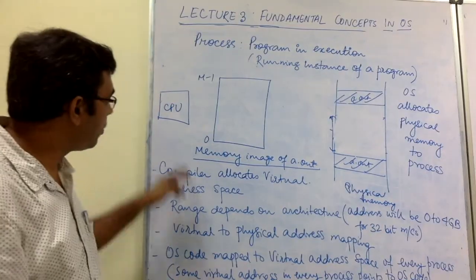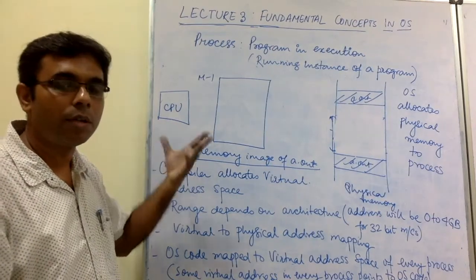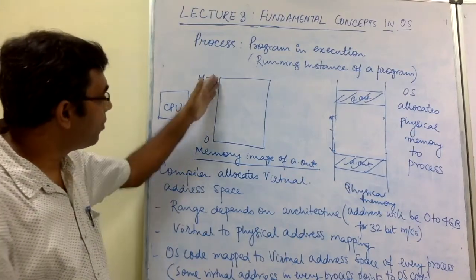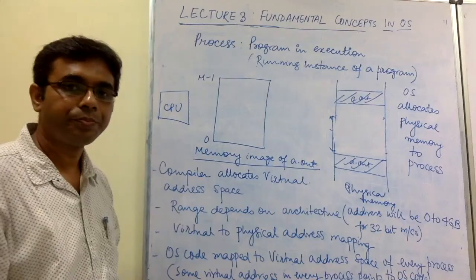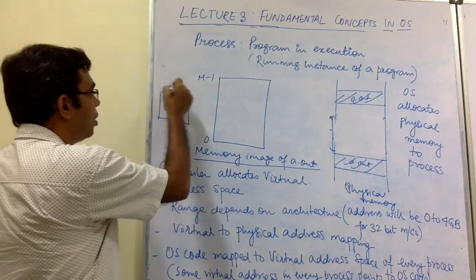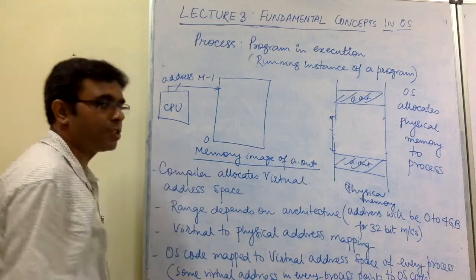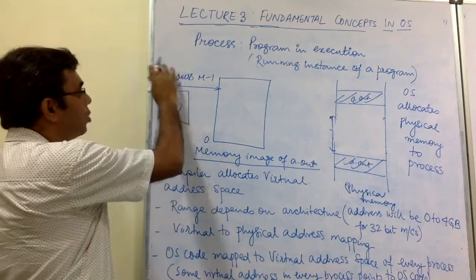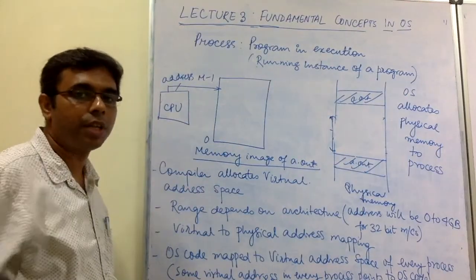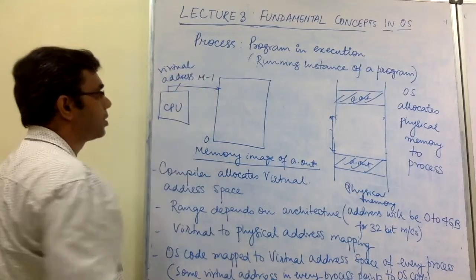So obviously the CPU, when it wants to execute certain instructions, assumes that the instructions are available in this memory range, and accordingly it sends the addresses. So when the CPU sends an address in order to fetch some instruction, this address is not the actual address of the process sitting in the physical memory, but the virtual address, or we call it the logical address.